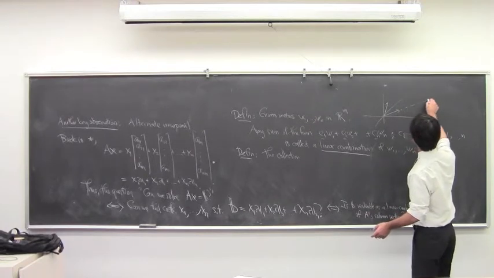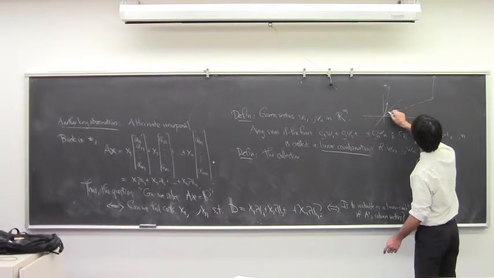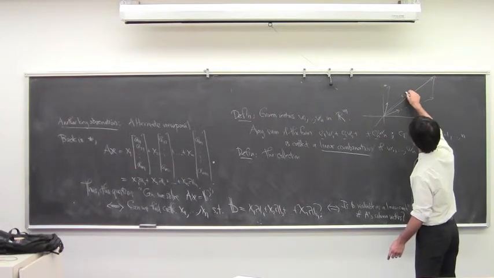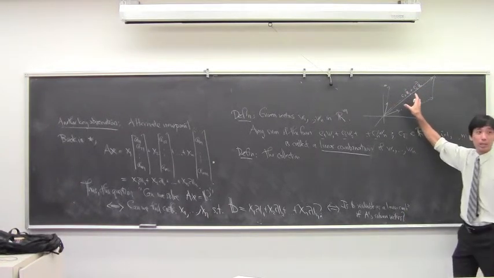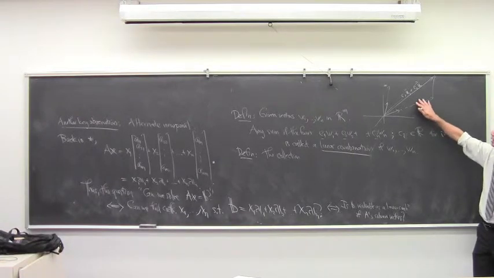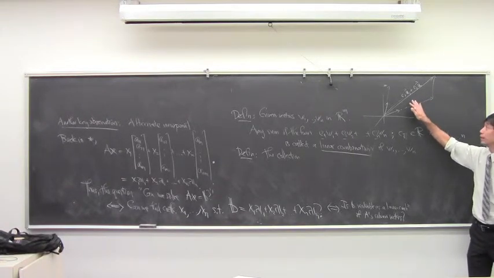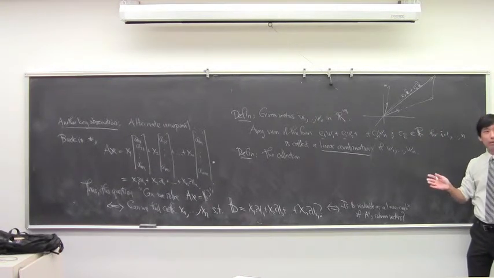I take some multiple of the first, I take some multiple of the second, I add them together, I get some multiple of the first plus some multiple of the second. That's a linear combination. If you have two vectors, then the collection of all linear combinations is going to be what?